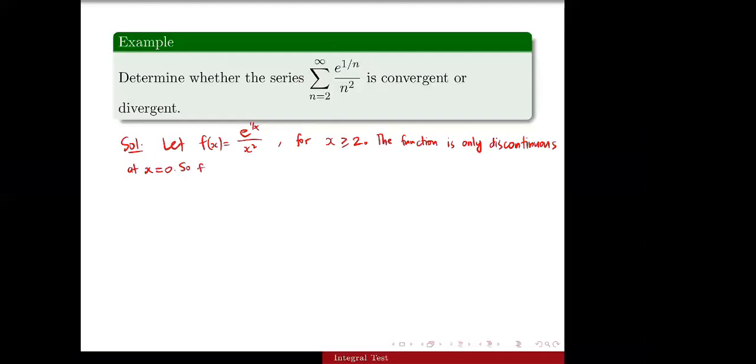So f is continuous on the interval 2 to plus infinity. For any x greater than or equal to 2, f of x is positive since the exponential is positive and you are squaring. Anyway, you have a positive number being squared.